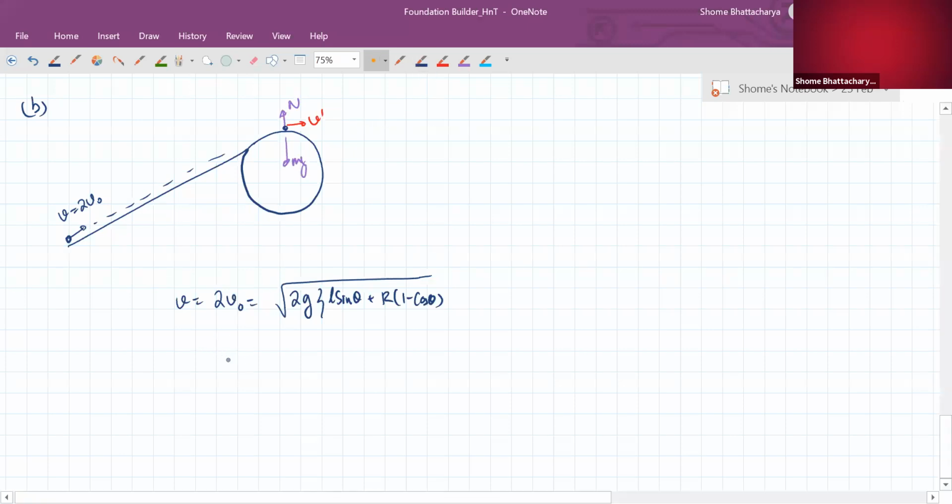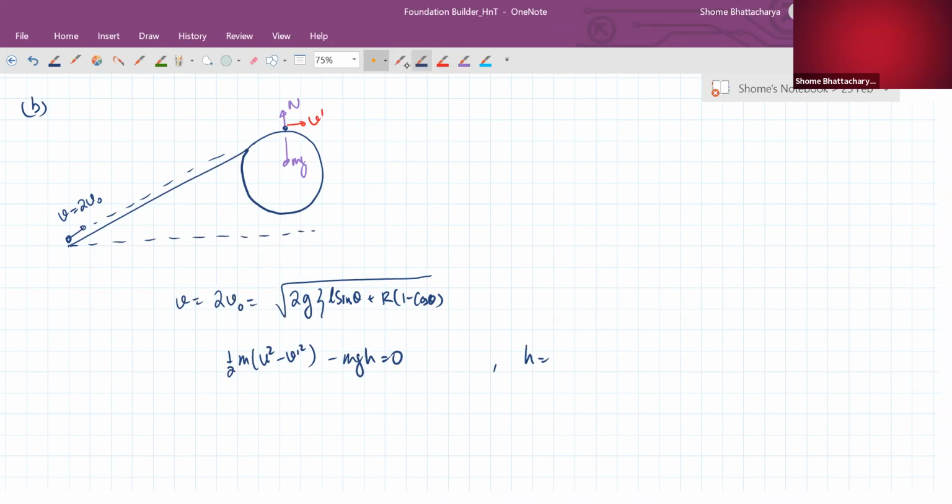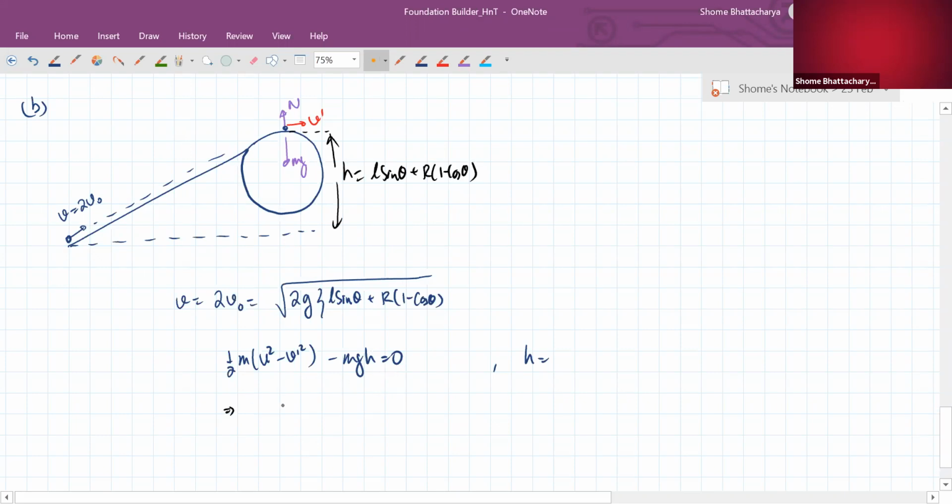So first of all, how we'll find v prime? Where h was what we had calculated earlier, this whole height from here to here. So h is this quantity, L sine theta plus R into 1 minus cos theta. So at the top, the speed v prime will become square root of v square minus 2gh.